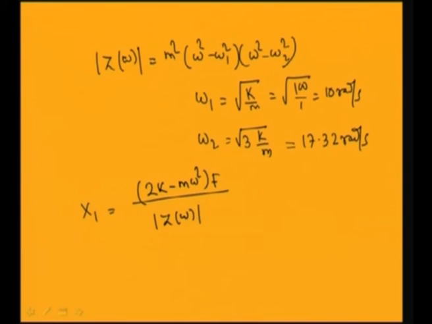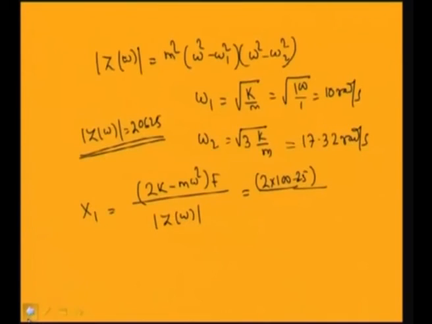The determinant of Z omega I have found equal to 20625, so I can substitute it in this expression. This becomes 2 into 100 minus 25.